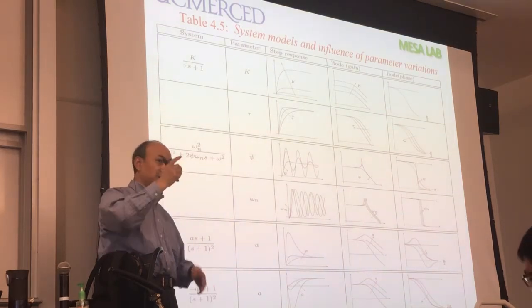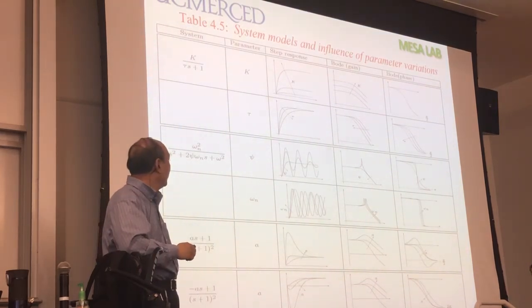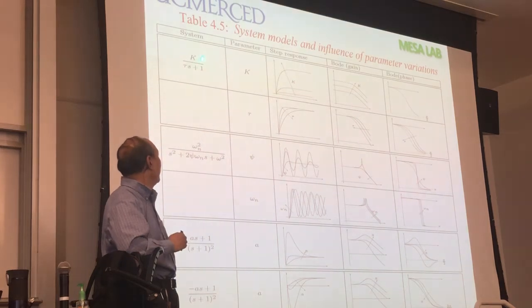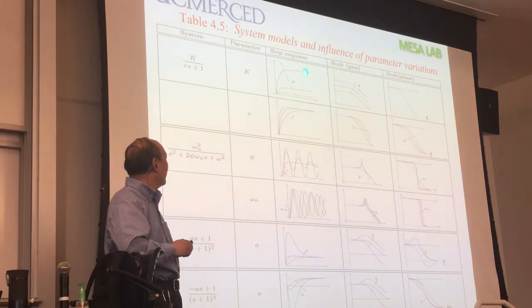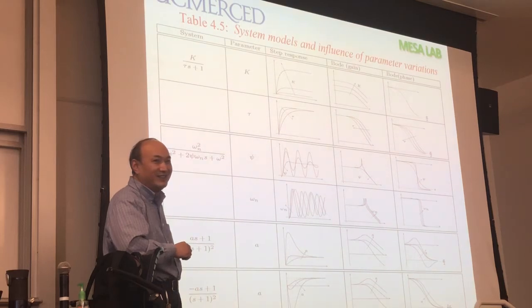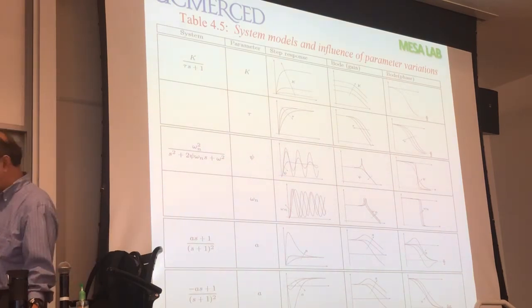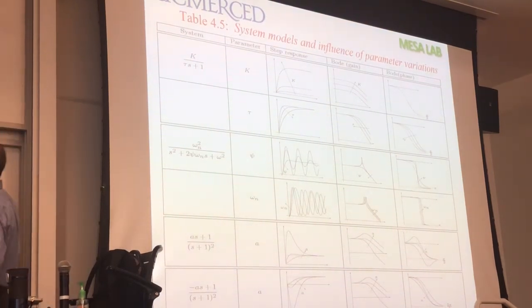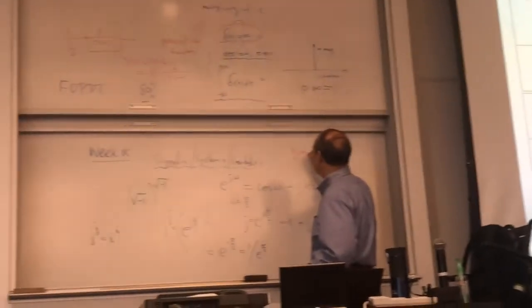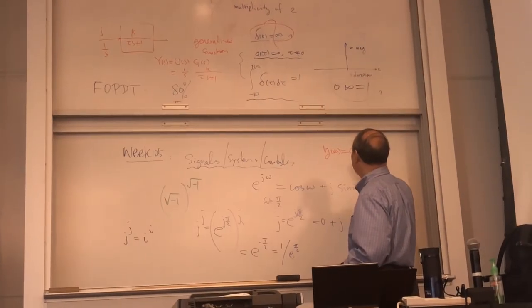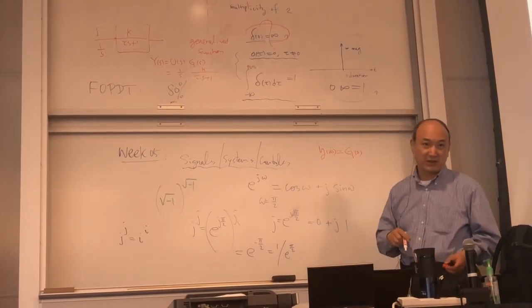K is bigger, and the y infinity is bigger, because y infinity is G0, right? G0 is K, so when K goes up, the y infinity goes up. Did you forget? I said y infinity is G0. We have derived it before, right?